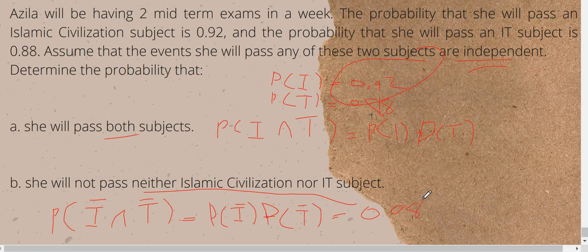This is the probability of I bar. To get T bar, 1 minus 0.88 gives 0.12, which is the probability of T bar. So you solve it and you may get the answer 0.0096.